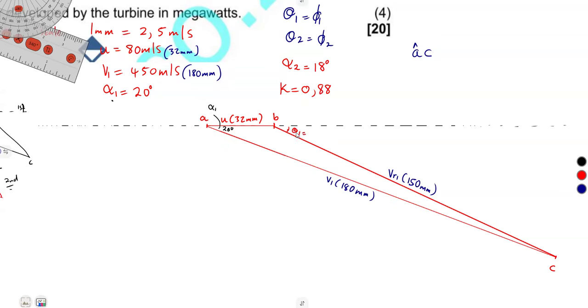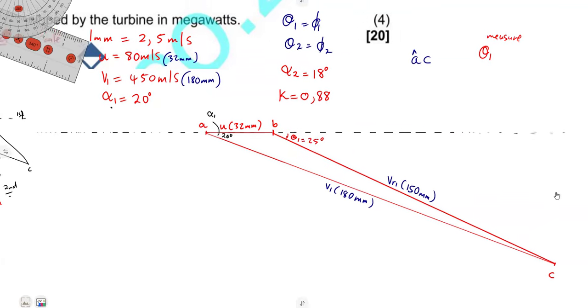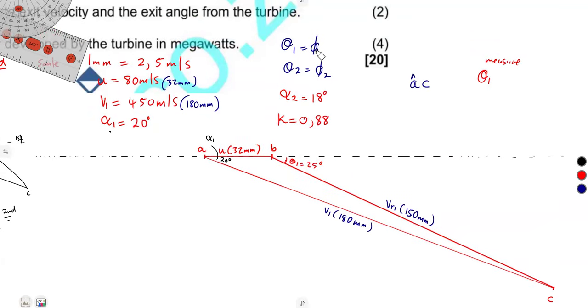So you can also measure that, and that was going to be closer to 25 degrees. Our theta1, you measure that. But remember we said theta1 is equal to angle phi1 because of the symmetrical blading. So therefore, we have that one as 25. We measure that. So this is it.